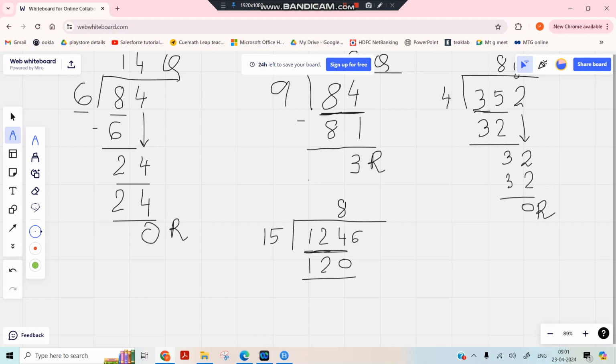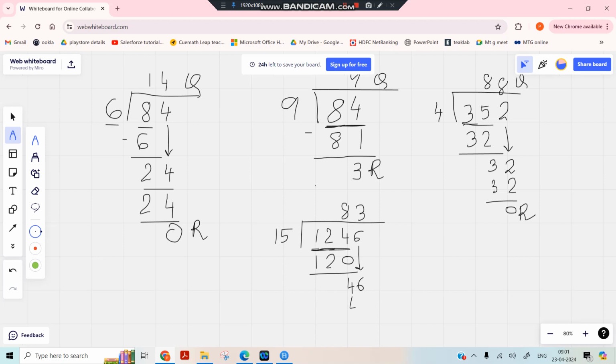And your remainder is 4. 6 comes down. 15 times 3 is 45. And your remainder is 1. I hope it's clear till here.